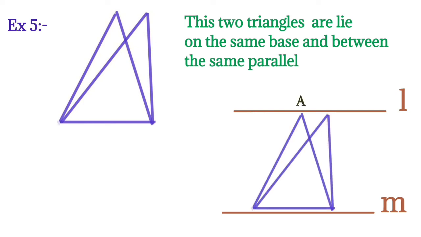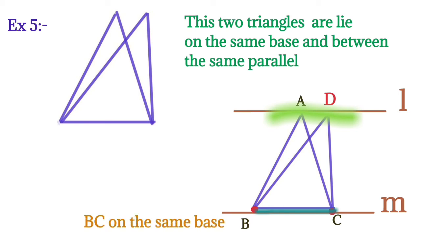If I place two triangles in between those two lines, triangle ABC and triangle DBC have BC as the common side, base common, and I can say they lie between the same parallel, that is L and M, because A and D points are also touching the line L.